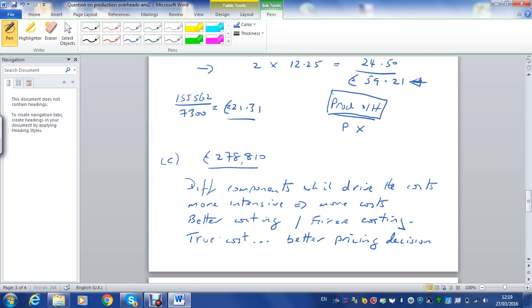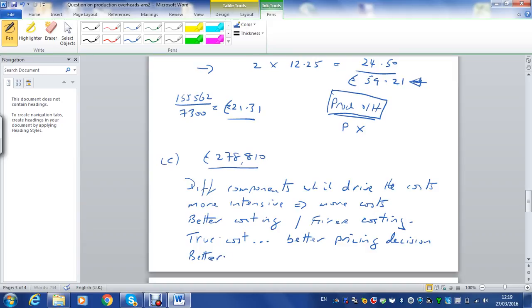Because some pricing decisions are based on the cost plus model, and it can lead you to just better decisions overall, I suppose. Because if you think the thing is too high cost, you may not decide to make it in the first place, and you could be losing out.